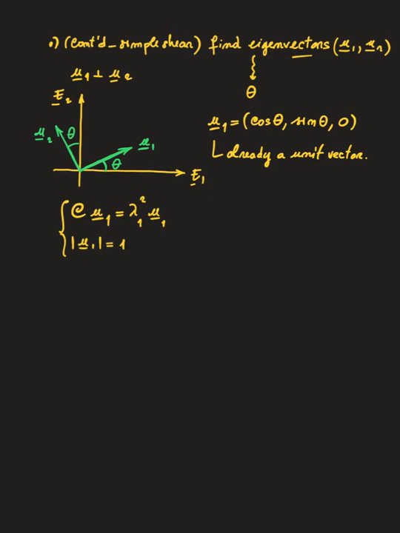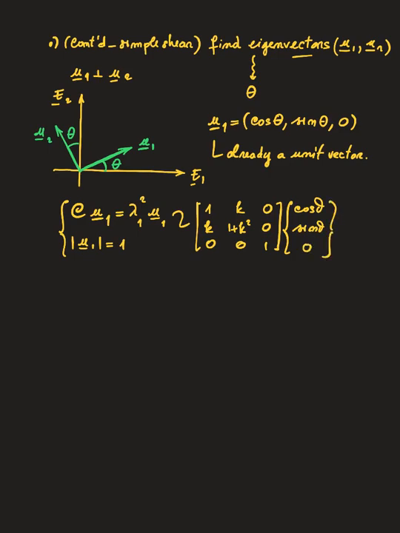So okay, let's just rewrite this condition here. Well, let me recopy the tensor C. This is 1, k, 0, k, 1 plus k squared, 0, 0, 0, 1. So we want to apply this to u1, which means we have to write cos theta, sine theta, and 0.